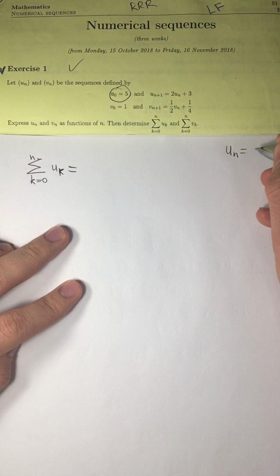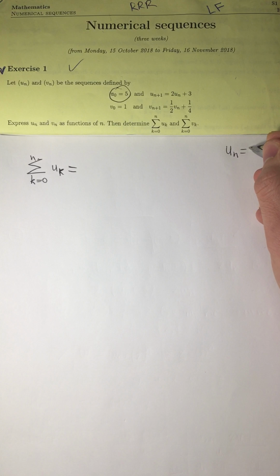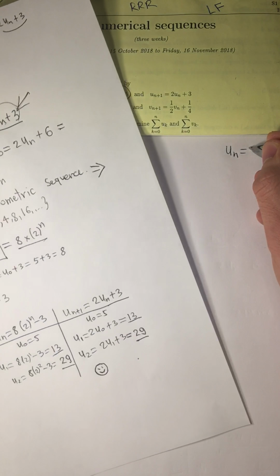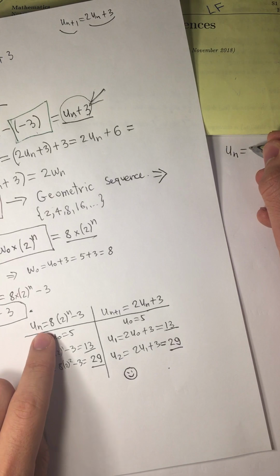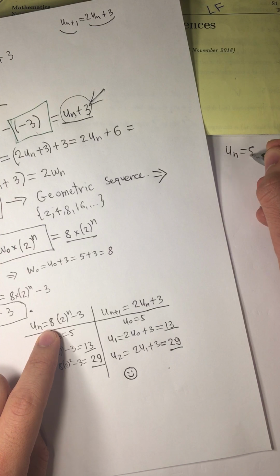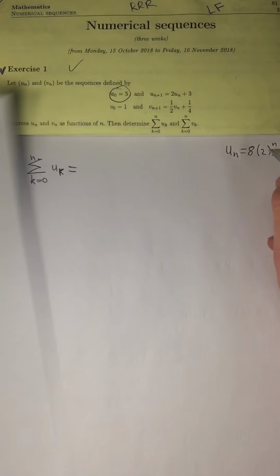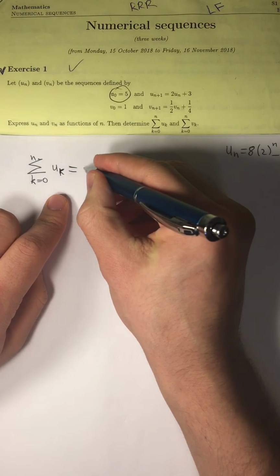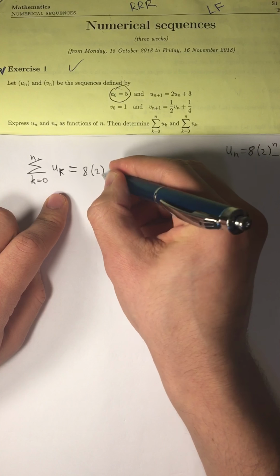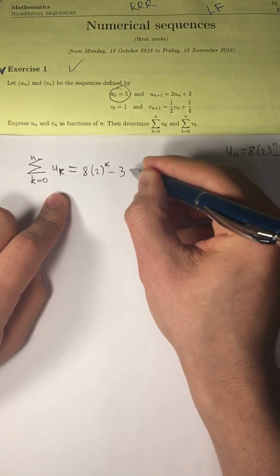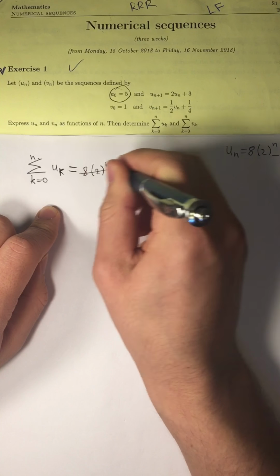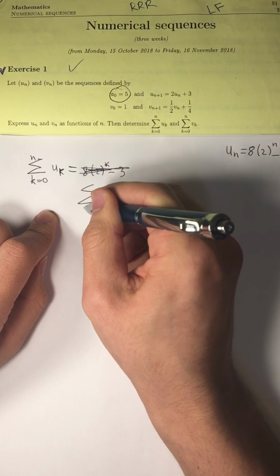Based on the previous paper, Un is equal to 8 times 2 to the n minus 3. So for Uk, it's going to be 8 times 2 to the k minus 3.